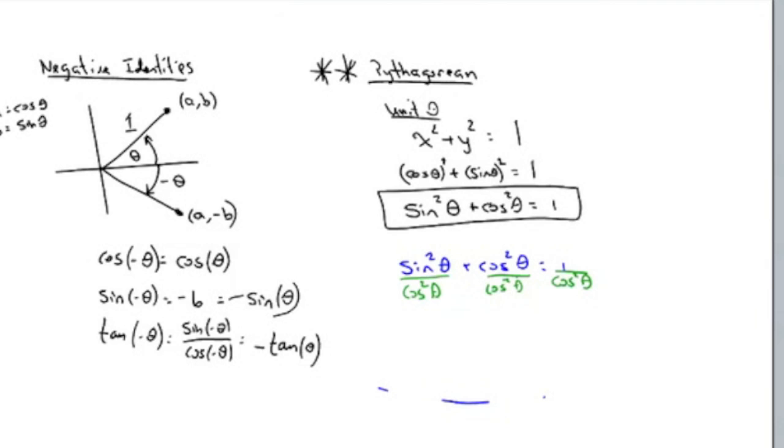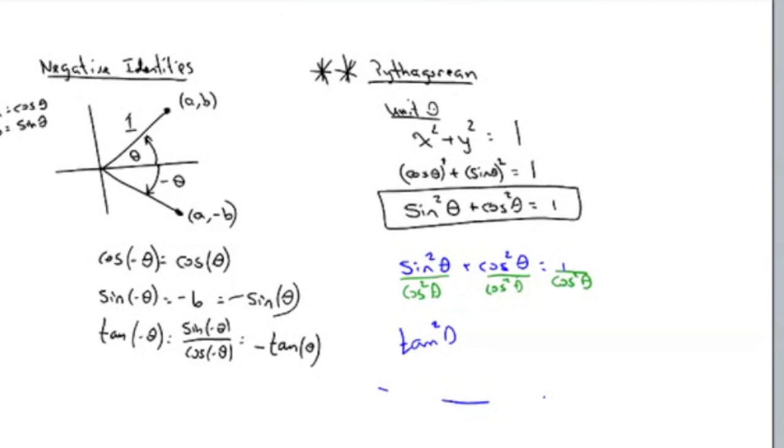The rest of them I derive. And to derive one of them, you just take everything and divide by cosine squared theta. Now, this is sine squared theta over cosine squared theta. It eventually turns into tangent squared because you can write it as sine over cosine, all squared, and then sine over cosine is tangent.